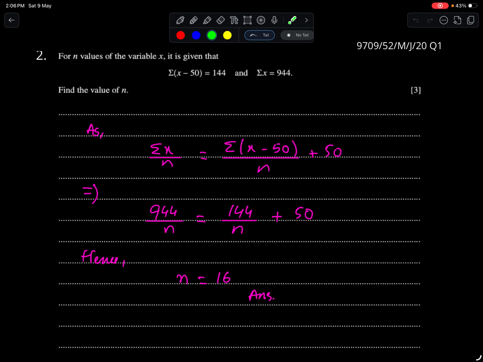So use the formula of mean. I equated this formula with this formula of mean. So sigma x over n, and this is here. So this result is 144. This result is 944. We need n. Shift this to the left side, take the LCM and get n.